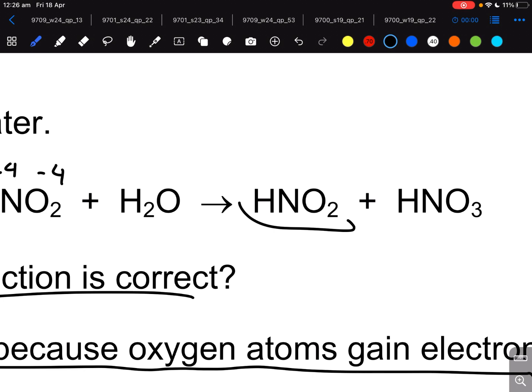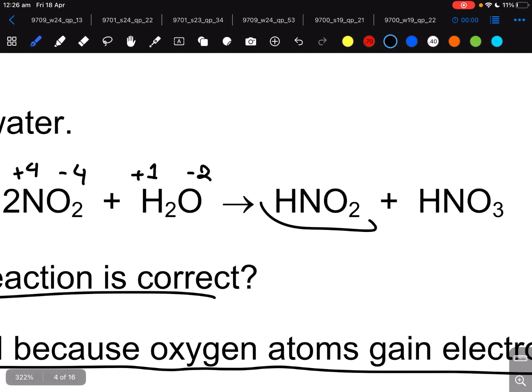Other than that, it's usually just +1. Okay, so I can tell that something is happening with nitrogen because it has two different oxidation states, so there's going to be some change. Here this is +1. Each oxygen is also usually not changed, it has a -2. So this is going to be -4. This is going to be -6. This is +1. So let's find the nitrogen now.